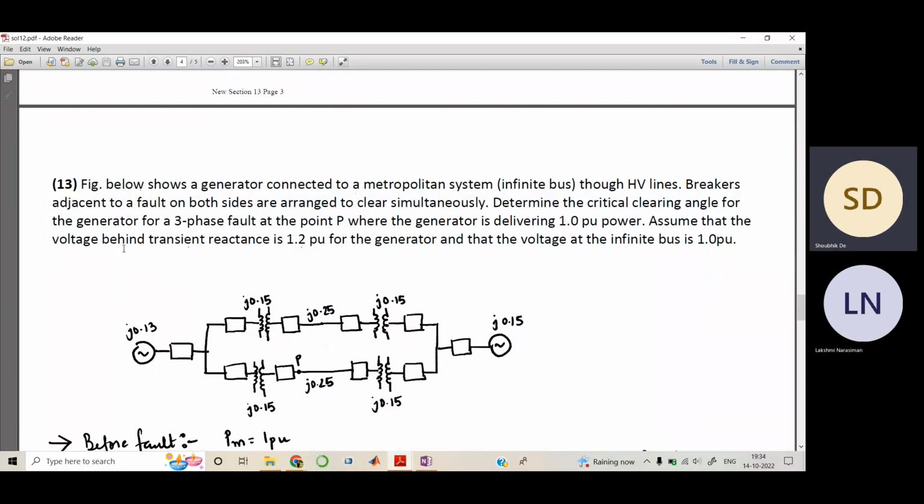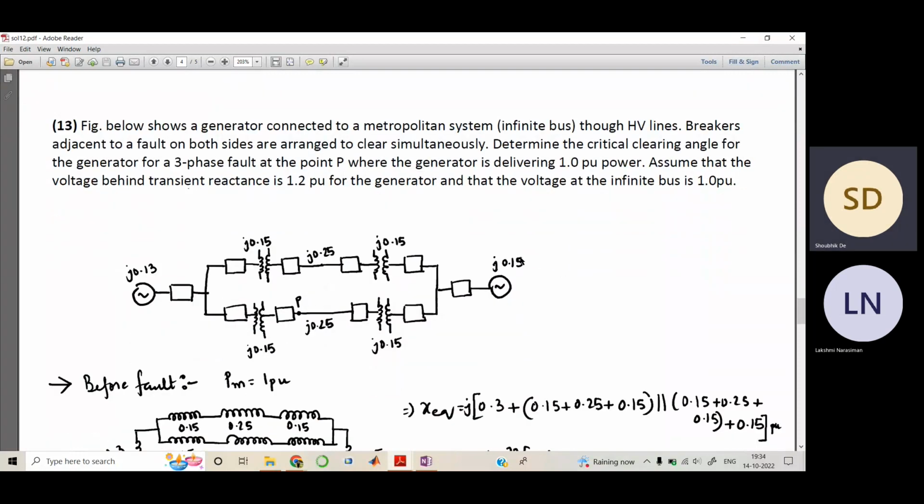Now assume that the voltage behind the transient reactance is 1.2 per unit for the generator, and the voltage at the infinite bus is 1 per unit. Having said this, we have to calculate what is the critical clearing angle.